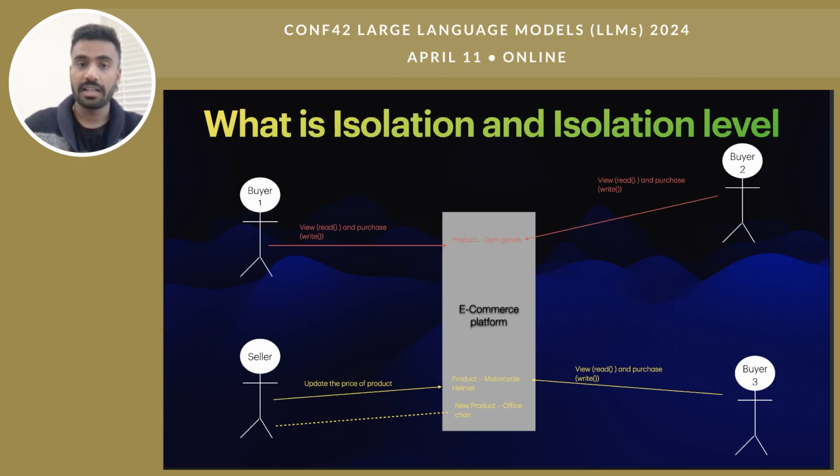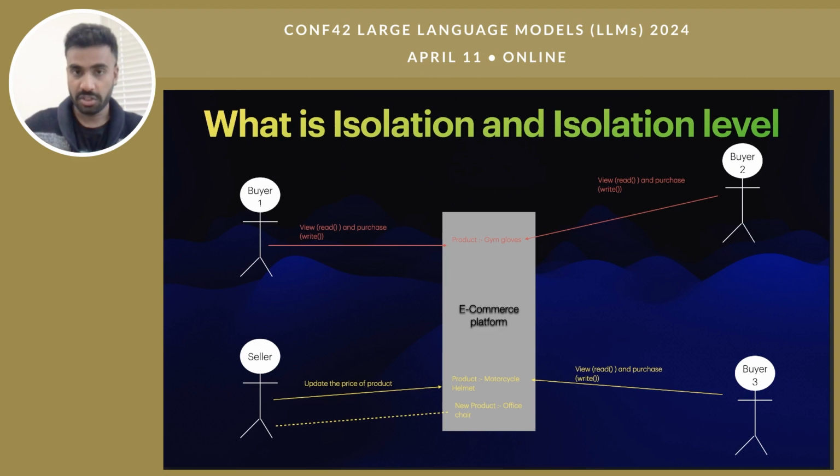Isolation controls whether locks are taken when the data is read, what type of locks are requested, and how long the read locks are held, so that the viewer is able to see properly consistent data before some new data gets updated.